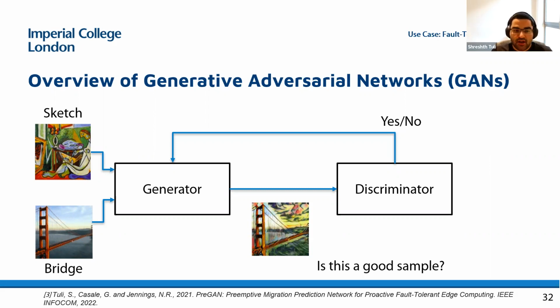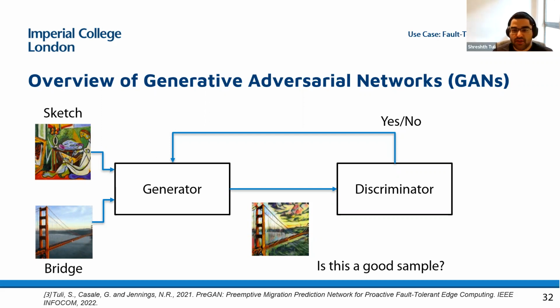Both of these networks work in tandem, in a game theoretic style, to make sure that we are able to generate optimal samples from the distribution that we want to achieve.